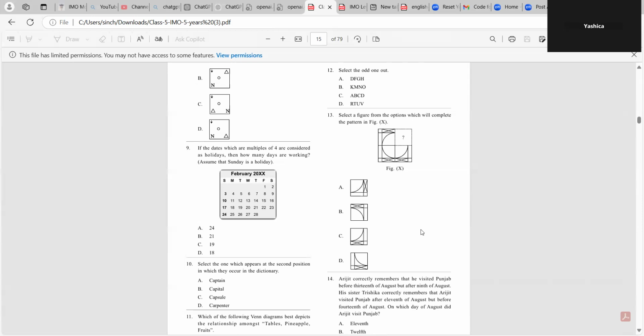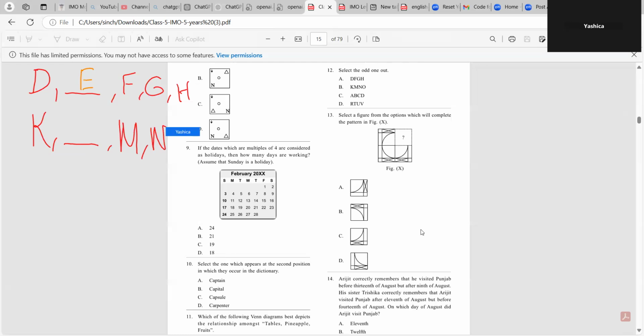Ma'am, ABCD is the odd one out because D, F, G, H. There is a letter missing in the second place, which is E. And in KMNO, K, there is again a letter missing in its second place, which is L, because it's J, K, L, M, N, O. Then continuing, this is the pattern.